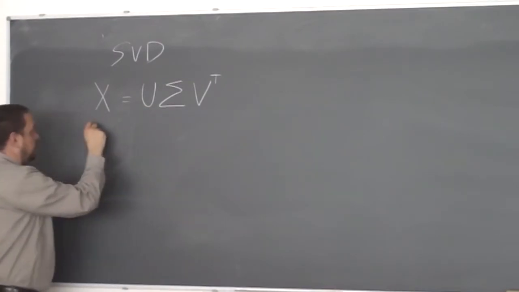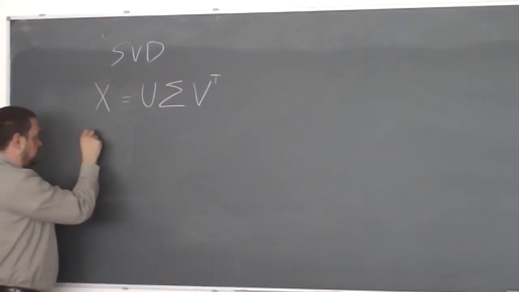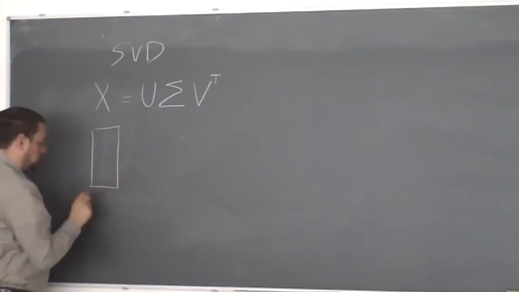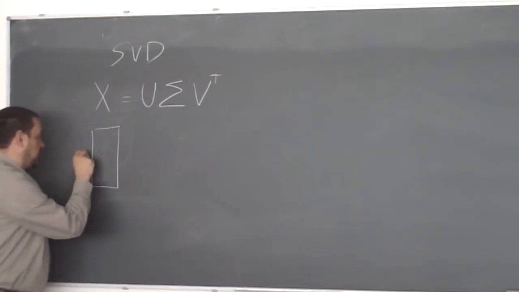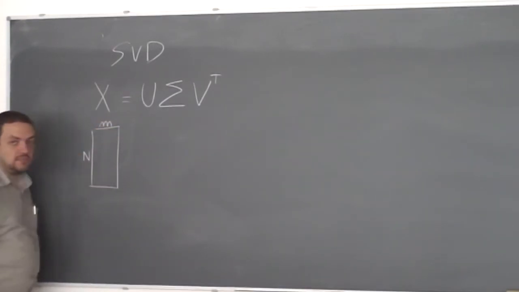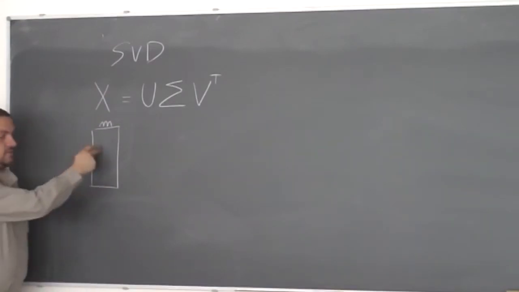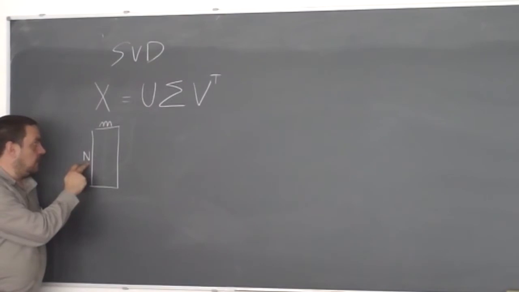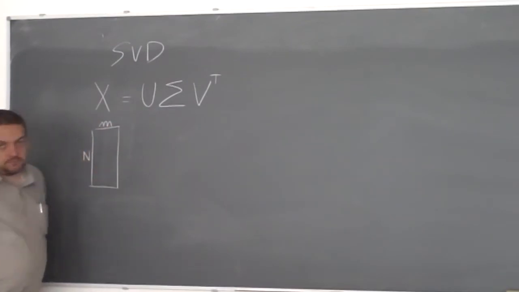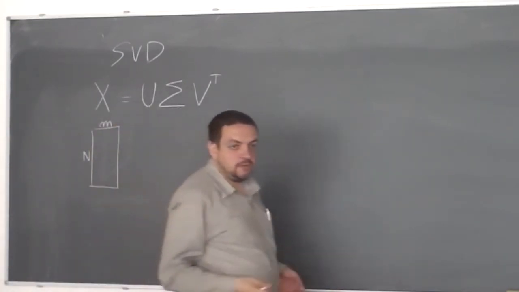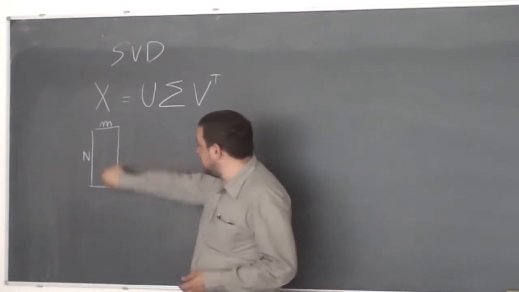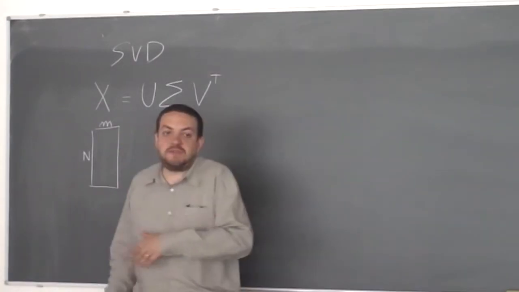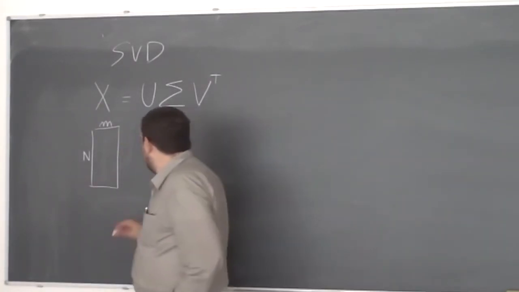So if X is an n by m matrix, using the notation so that m is the number of, for example, documents in our repository, and n is the number of coordinates in the df by df space.